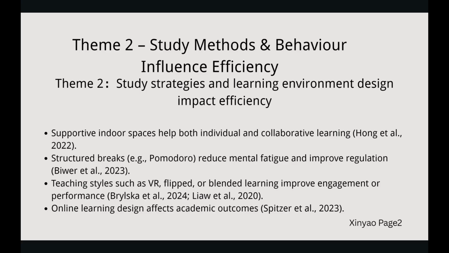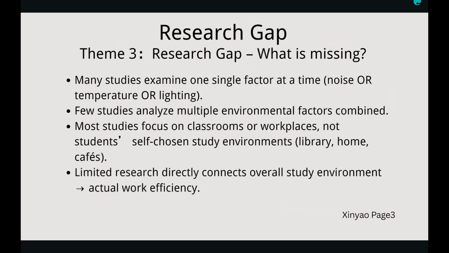Different teaching formats like VR lessons, blended learning, and flipped classrooms have been shown to improve student engagement and performance. Research also suggests that the design of online learning environments impacts academic outcomes. This finding highlights that both environment and study habits shape overall work efficiency.